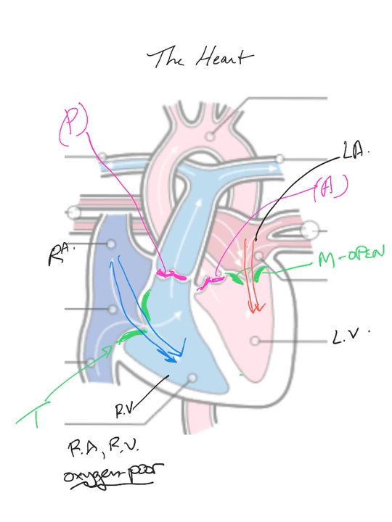On the left-hand side, the left atrium and the left ventricle, you have pink blood. Nice pink blood means that it's oxygen rich. That's because it's come back from the lungs and now it's being shipped out to the rest of your body.